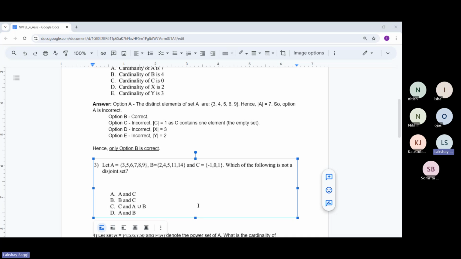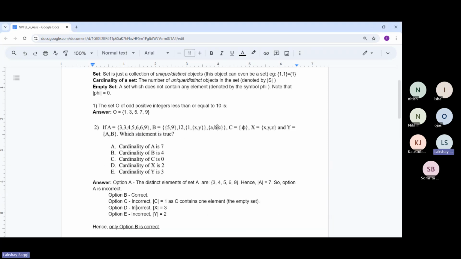Okay, so Ojas is saying that the cardinality of set B should be 6 because phi is also an element of B. So this is the set B. Set B contains the set {5, 9}, the number 12, the set {1, x, y}, and the set {A, B, C}. So why is phi an element of the set B, Ojas?